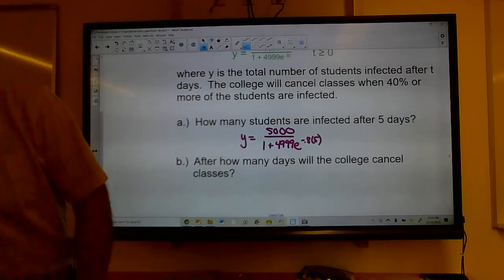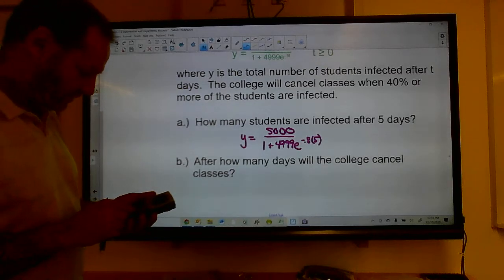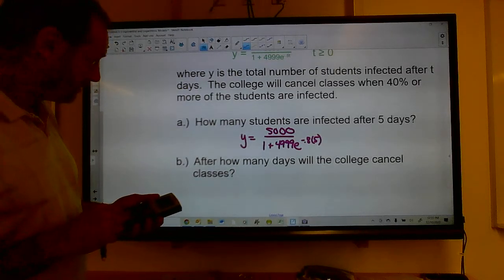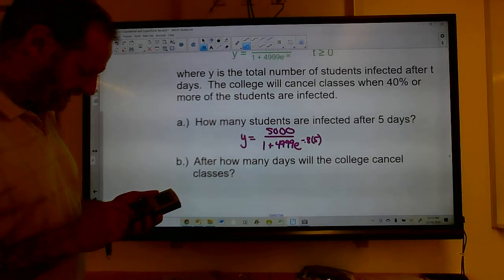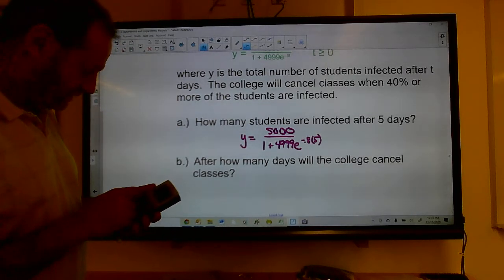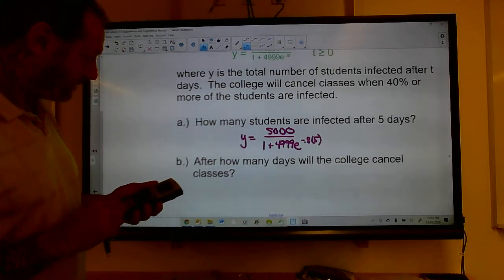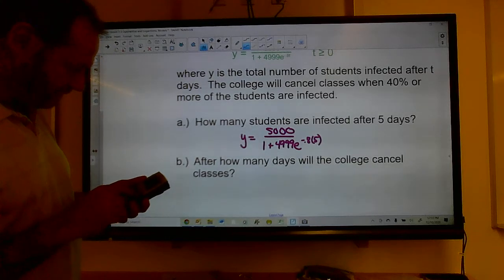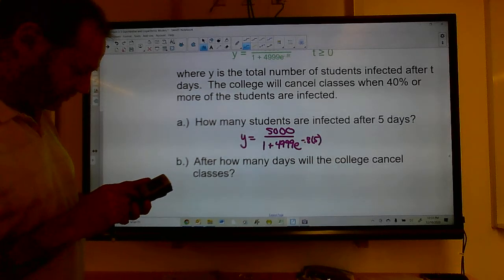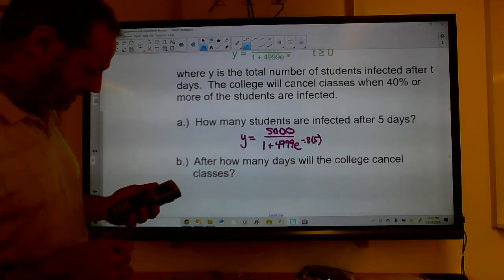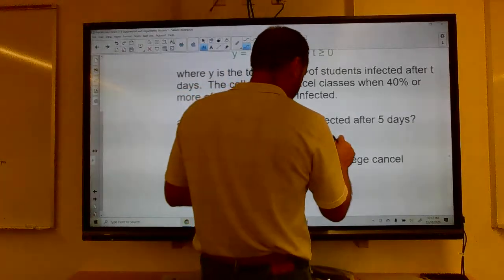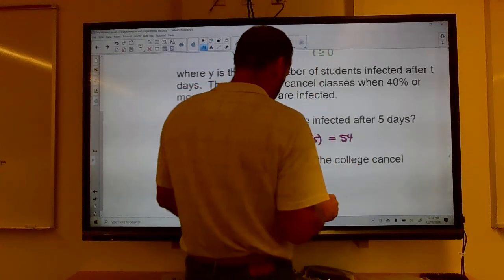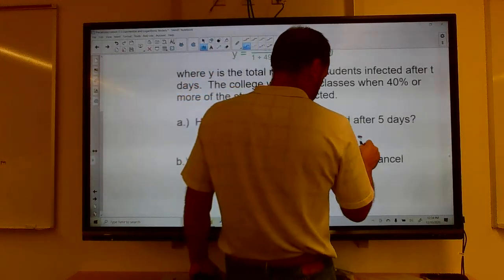All right, so this is a calculator question now. 5,000 divided by, in parentheses, 1 plus 4,999 times e to the negative 0.8 times 5 power. You got to arrow down and close your parentheses. All right, this comes out to be 54. 54 students.